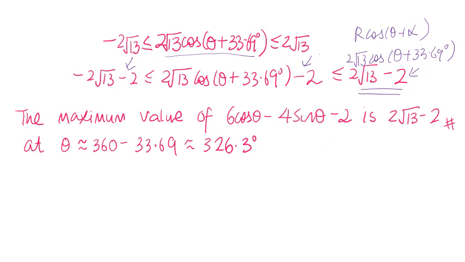Right, and to get the maximum value, I need to let cosine bracket theta plus 33.69 degrees be 1. If you recall your cosine curve, there are two angles that give you y equals 1.